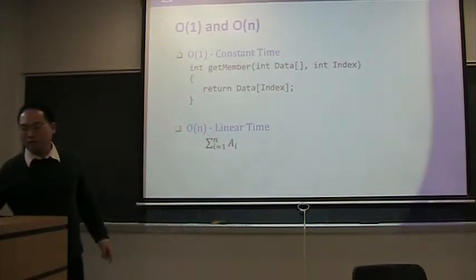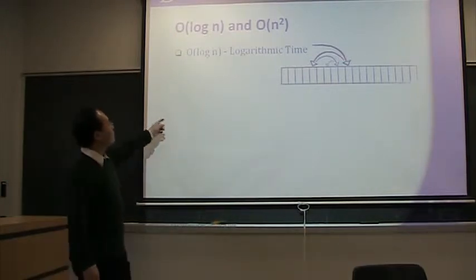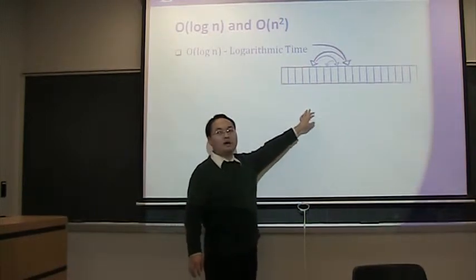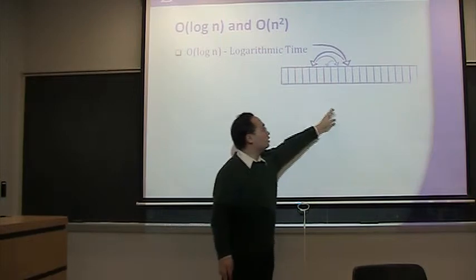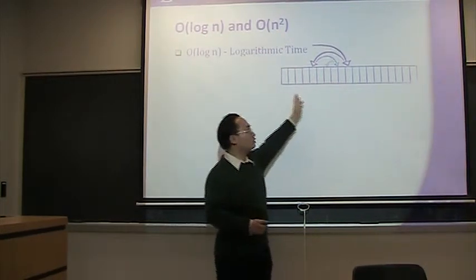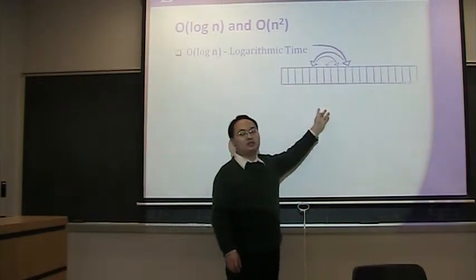The next example is called logarithmic time. This is a figure showing you binary search. What's binary search? Here is an array, but it's already sorted, for example from small to big. And you want to find a number in this array.